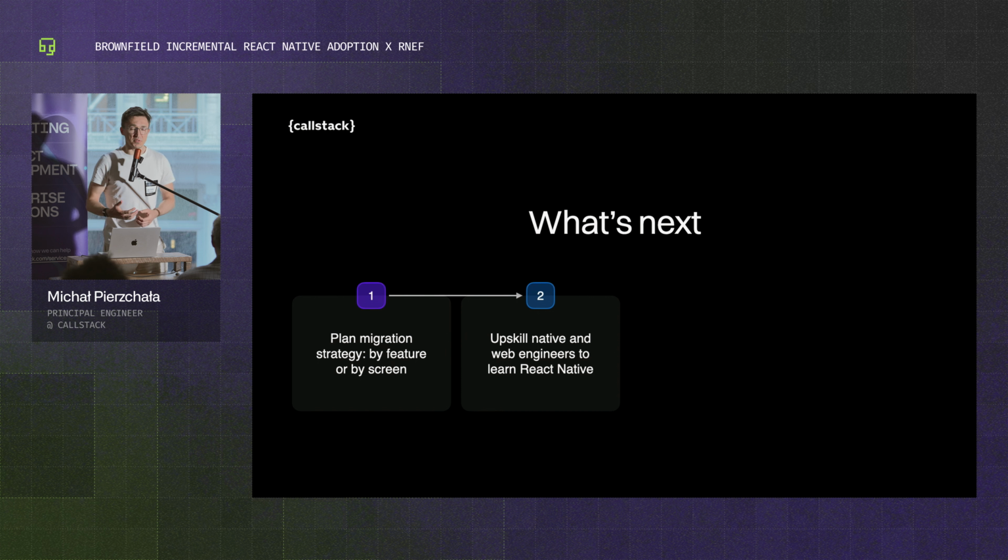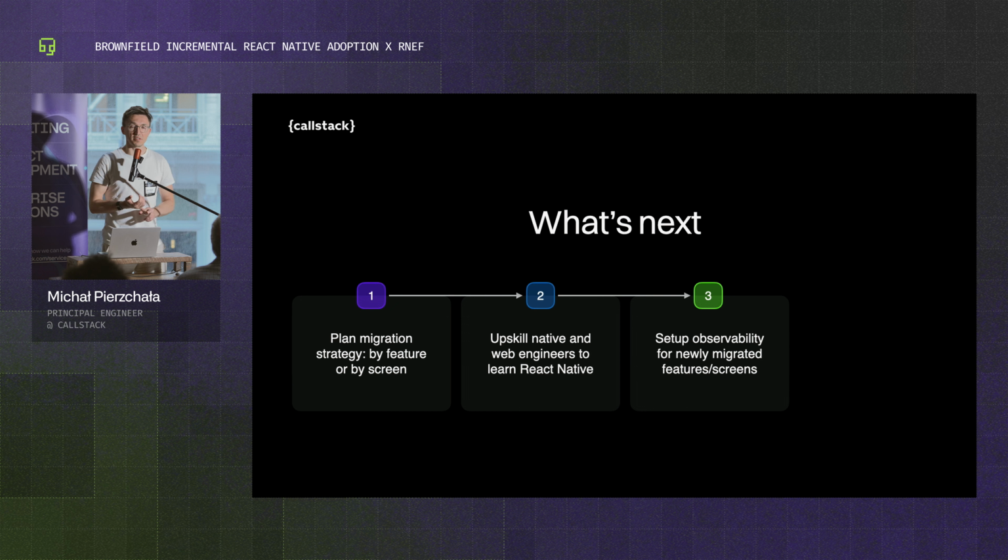Next is setting up some good observability for newly migrated screens, because you want to know whether you're degrading performance or whether your users are happy, whether the feel of your application is still native, because you can write React Native code that won't feel native to the platform.